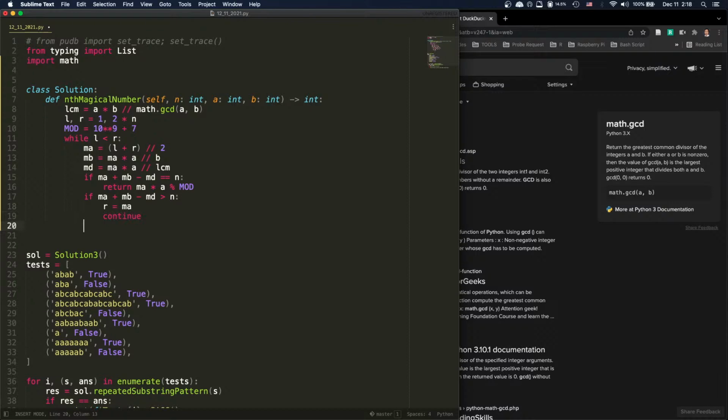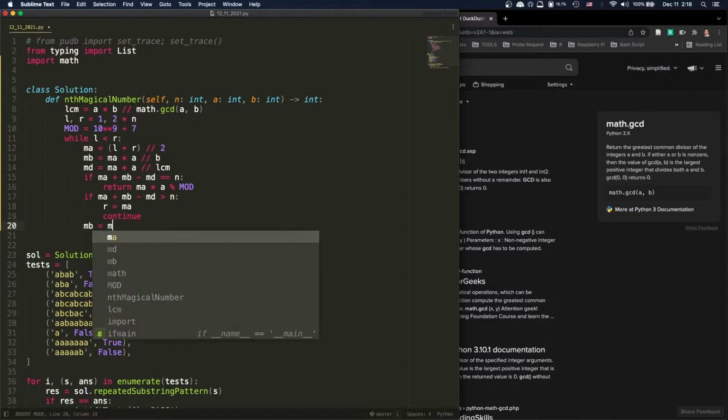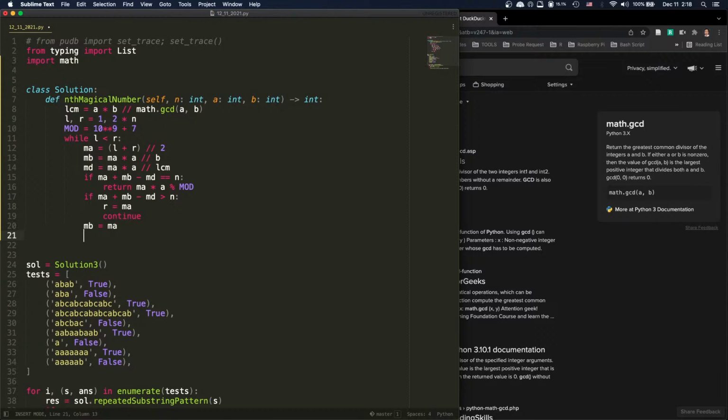All right, now this case is smaller. If it's smaller, then we're going to try MB equals MA, and then MA will equal MB times B. Oh, we have to also swap these two, right?